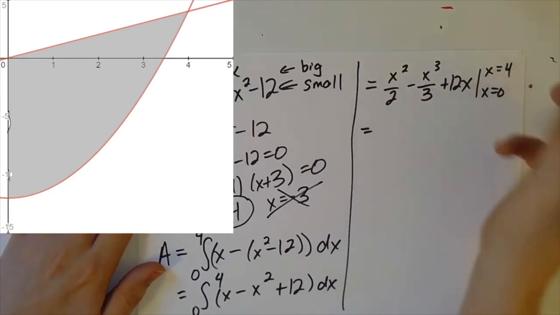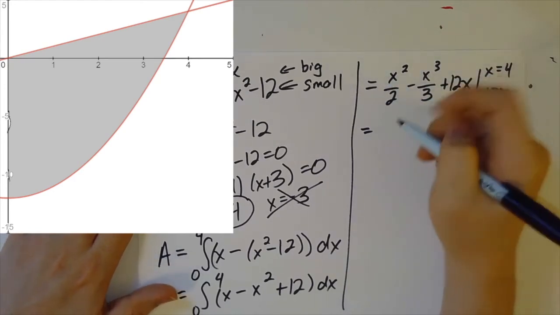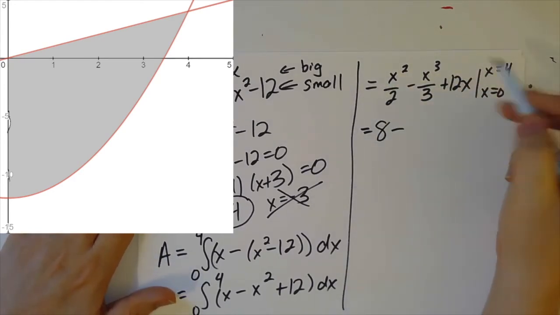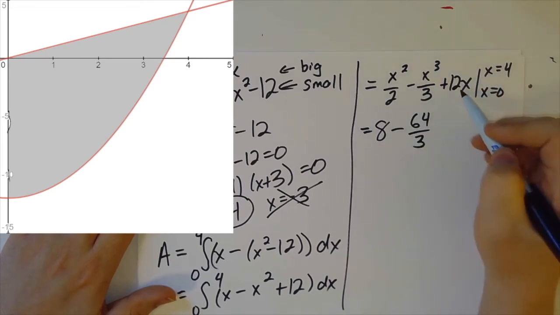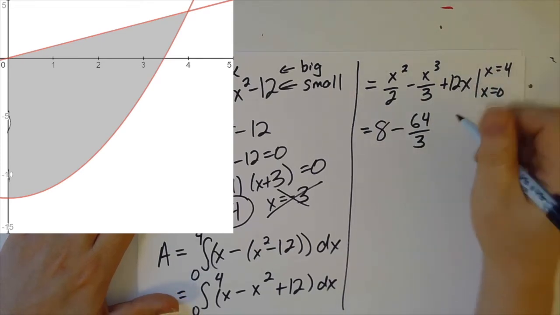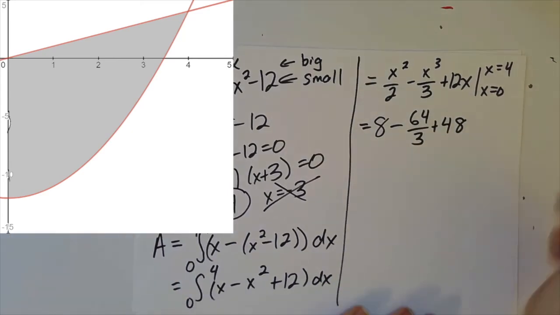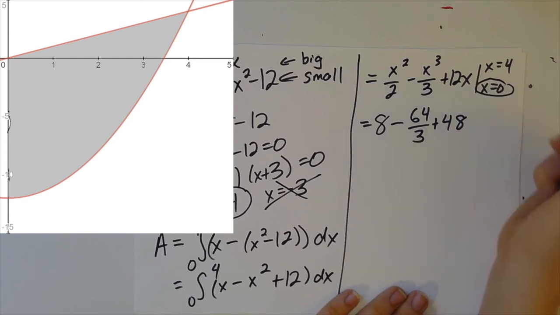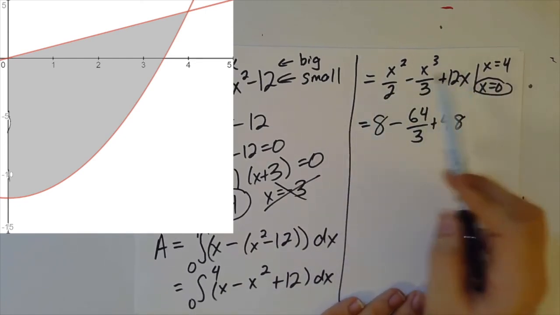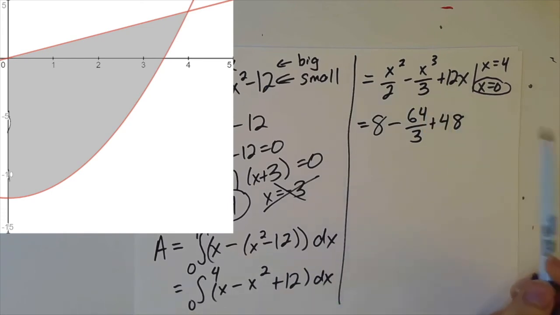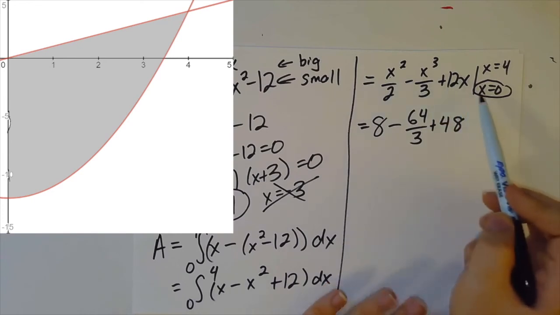Okay, so this is 4 squared over 2, which is 16 over 2, which is 8, minus 4 cubed over 3, that's 64 thirds, plus 12 times 4, which is 48. Okay, and then the last problem I just skipped over is talking about this x equals 0, but I need to subtract off this thing evaluated at 0, but in this specific case, all of these things have an x in them, so when I plug in x equals 0, all of these are 0.